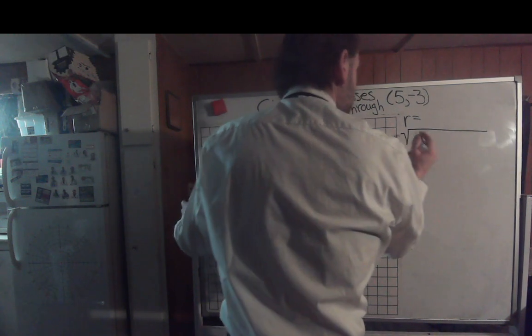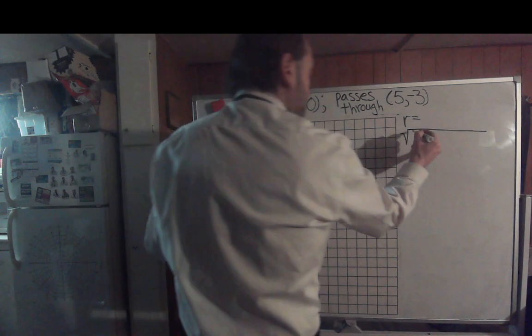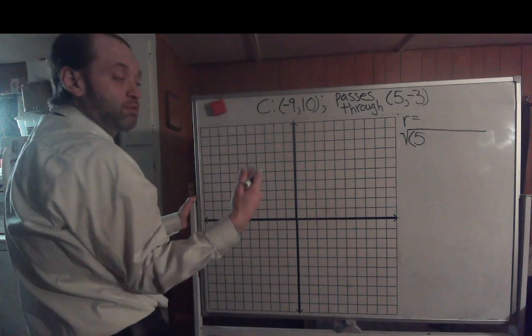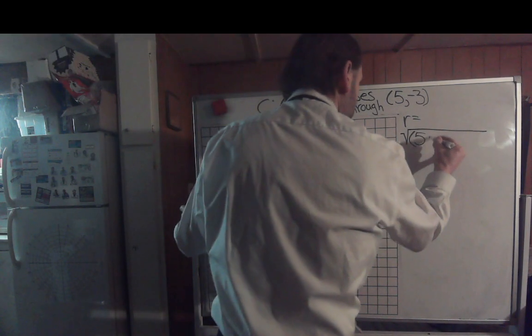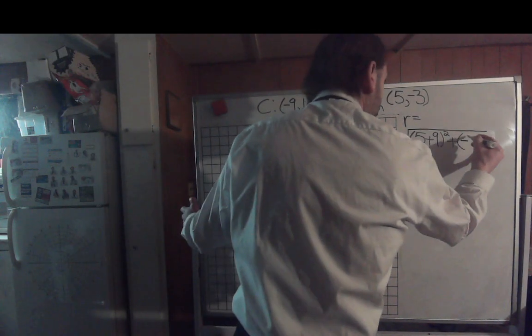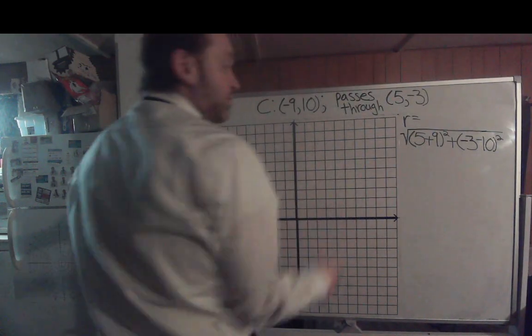So the radius, using the distance formula, equals the square root of your x2 of 5 minus your x1 of -9. Well, 5 minus -9 turns into 5 plus 9 squared, plus your y2 of -3 minus your y1 of 10 squared.